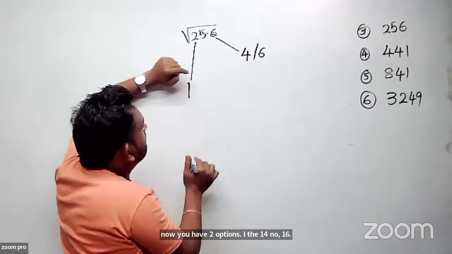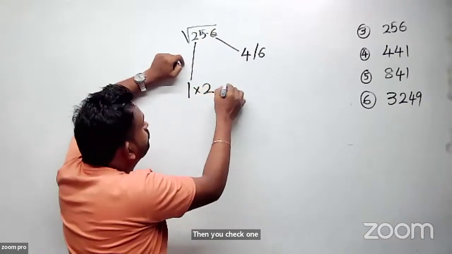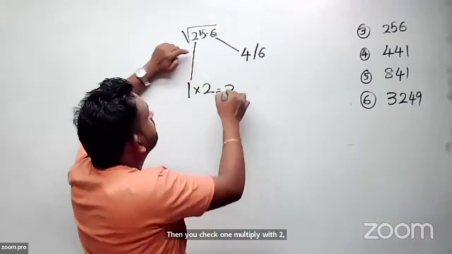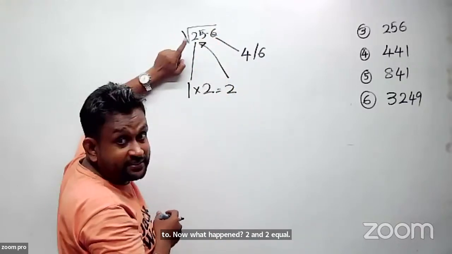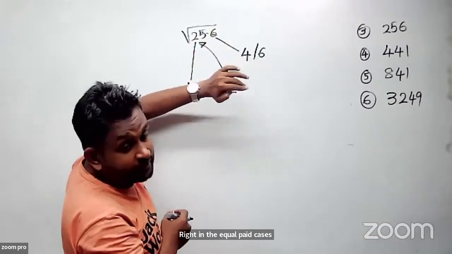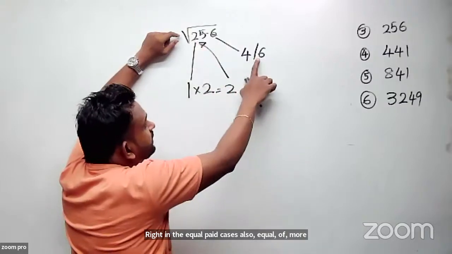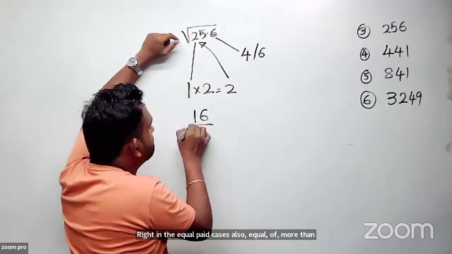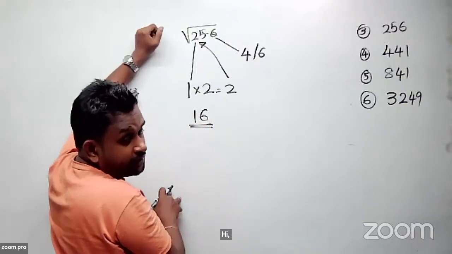Then you check 1 multiplied by 2, that comes 2. Now what happened? 2 and 2 are equal. In the equal case also, take the equal or more than case, so take the highest one. Then the answer is 16.